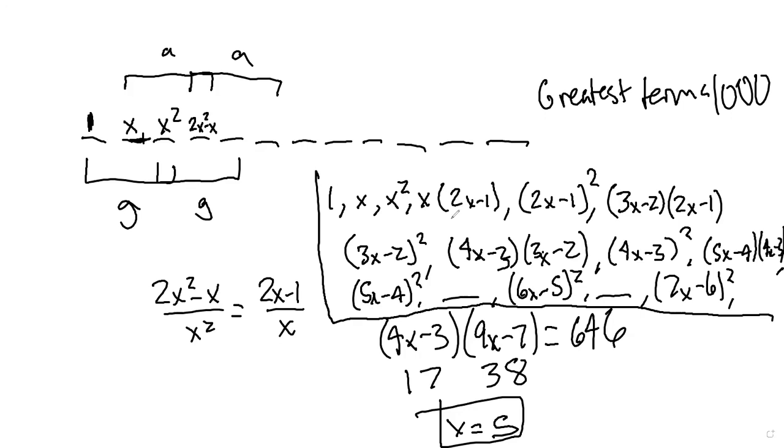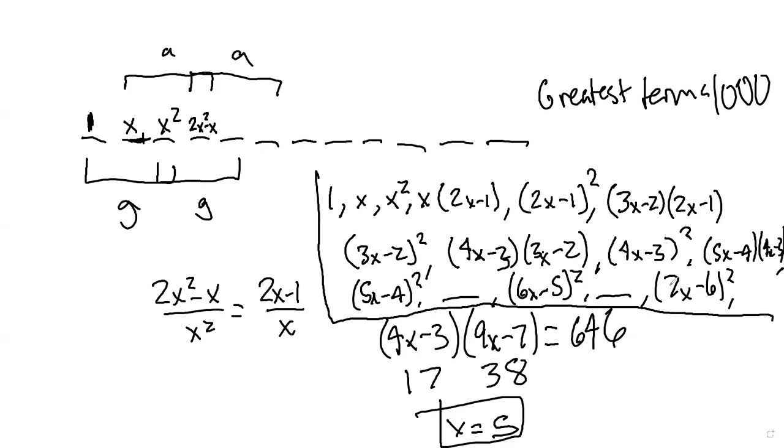So the pattern: every other term is 2x minus 1 squared, 3x minus 2, 4x minus 3, 5x minus 4, 6x minus 5, 7x minus 6. And then in the middle, we just take the product of two consecutive terms, take the square root. So it's sort of like we're borrowing factors from each other.